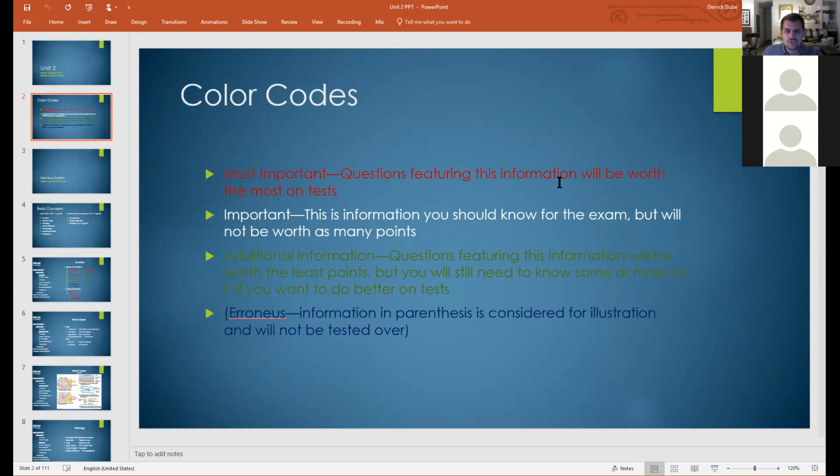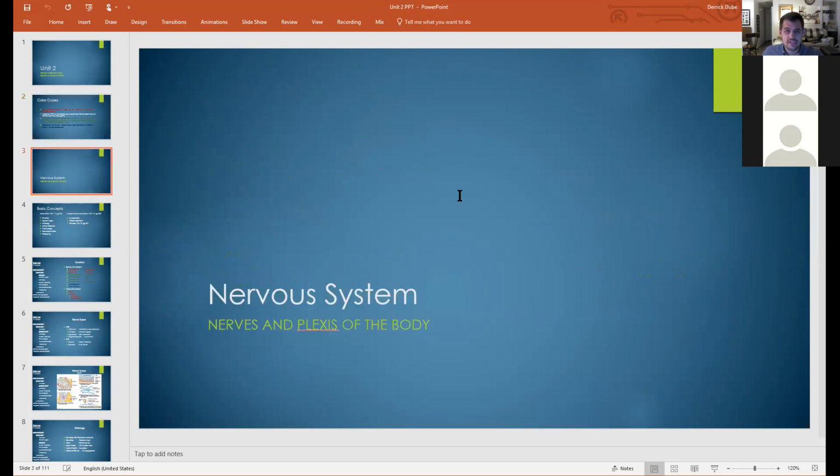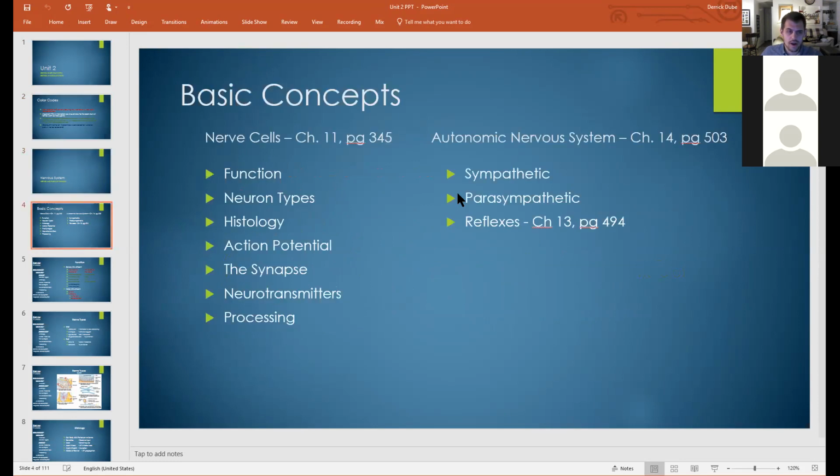But when I'm picking test questions, I try to concentrate more on the red and white. I'm not as strict about it by any means for the actual test, just so you're aware.